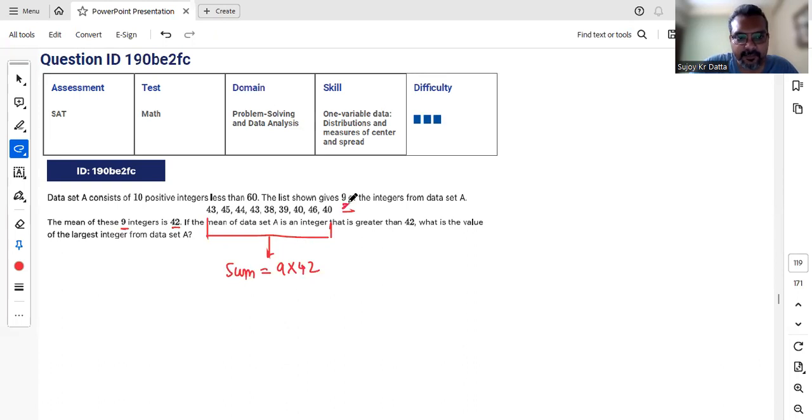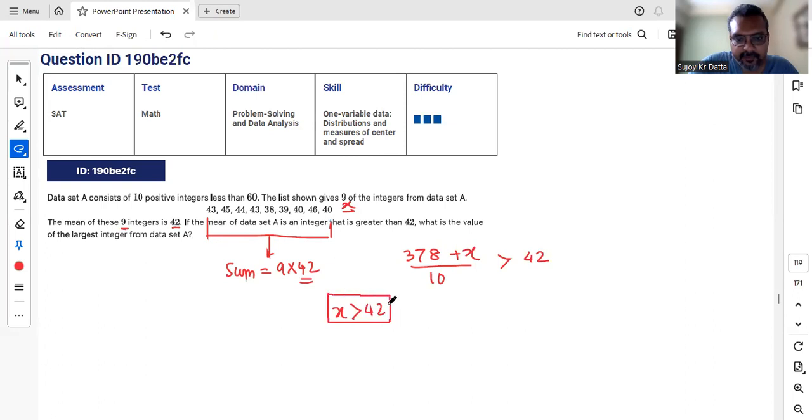And let's say one of the other numbers is x. So they're saying that the mean of all of them, all 10, is an integer greater than 42. So 9 times 42 is 378 plus x divided by 10 has to be greater than 42. Now, since the average is already 42 here for these 9, clearly x has to be greater than 42 for sure.